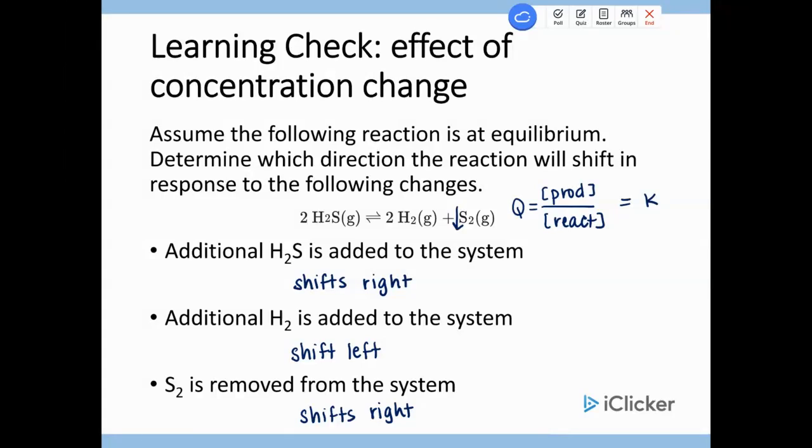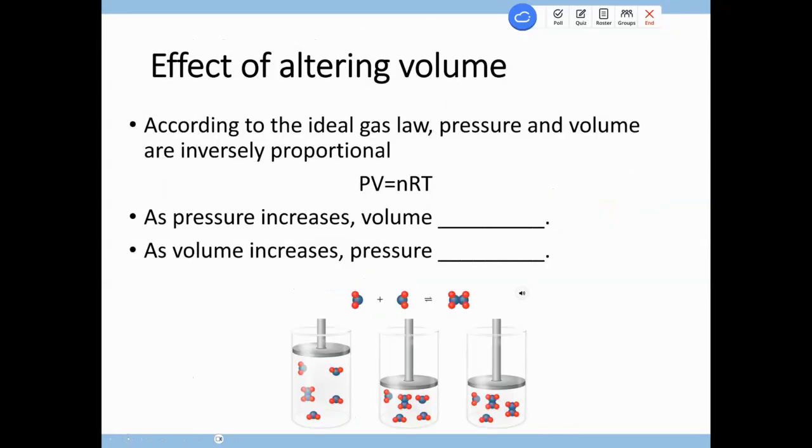Okay, so we'll talk about now altering volume. So this is relevant for gaseous reactions, so reactions that are in the gas phase.